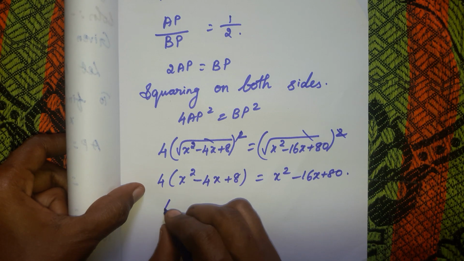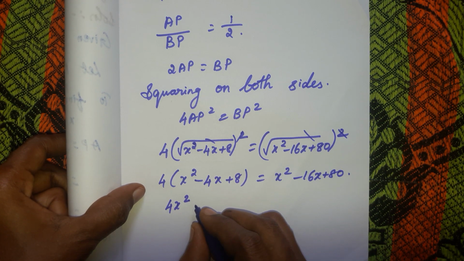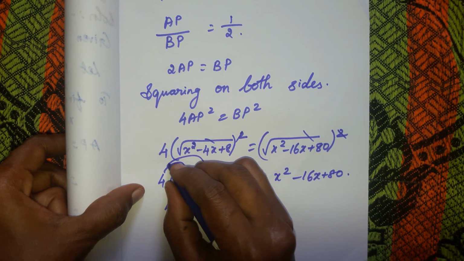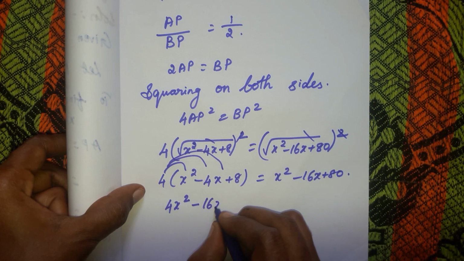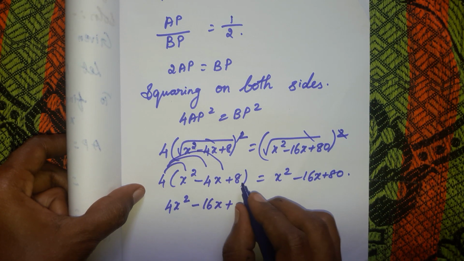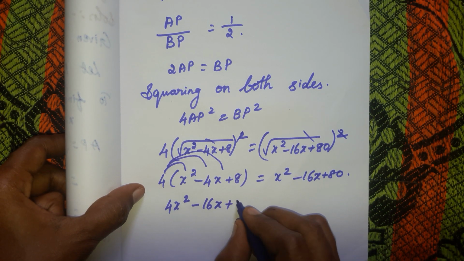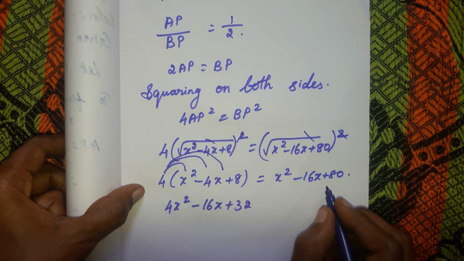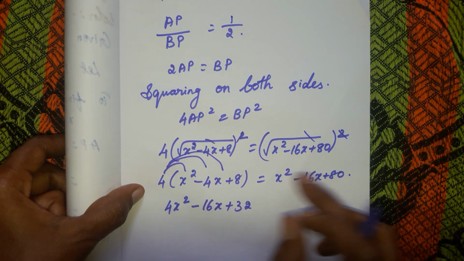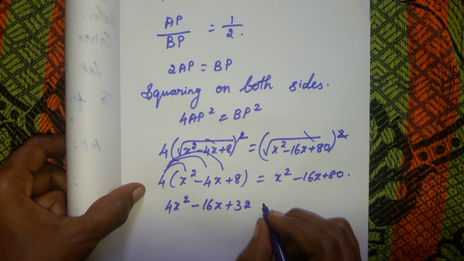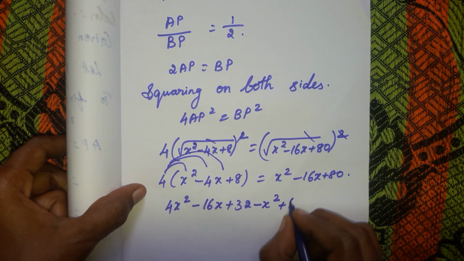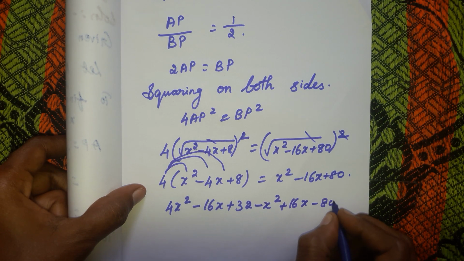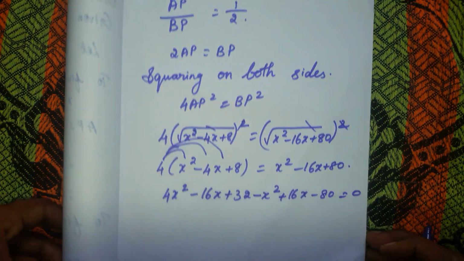So 4 multiply inside: 4x square, minus 4 4s are 16, here 4 we have to multiply everywhere, so 4 4s are 16, next 8 4s are 32. Next take this side. In the left hand side means minus x square plus 16x minus 80 is equal to 0.